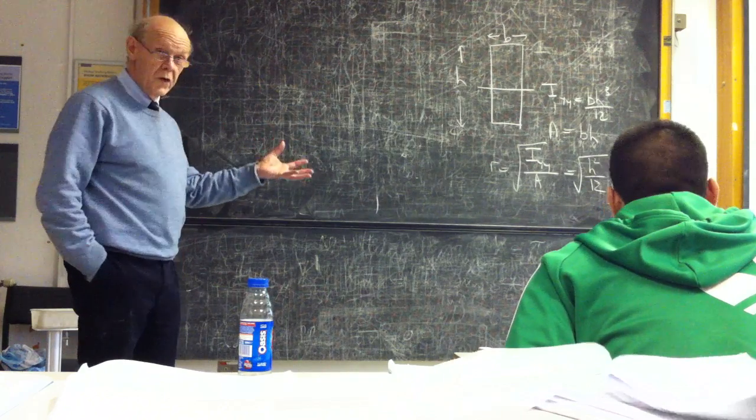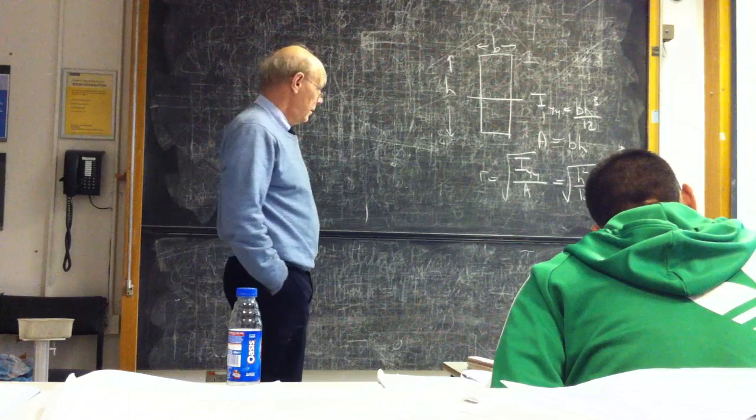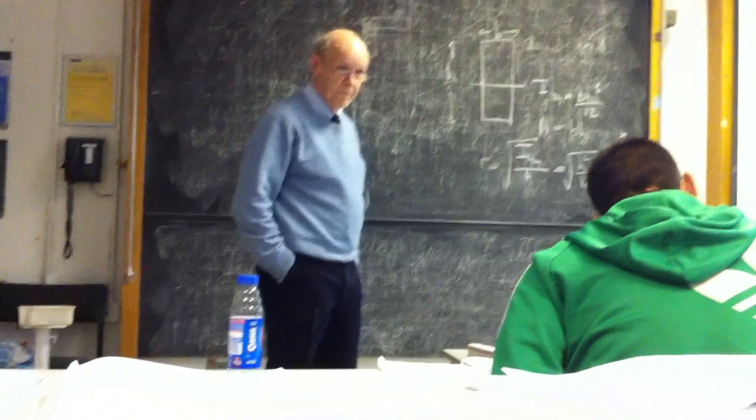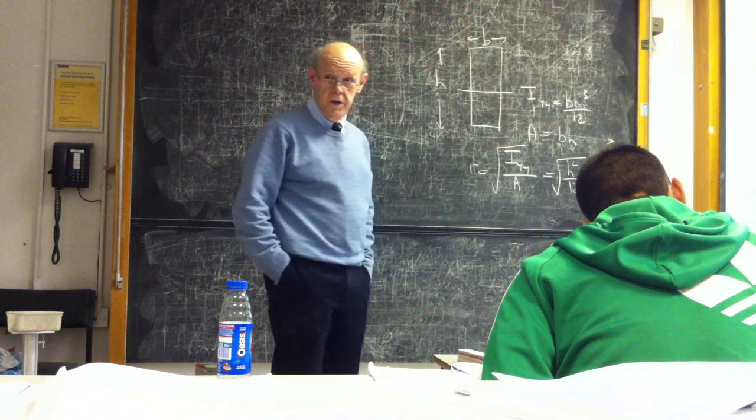And obviously, if you're doing it the other axis, you're talking about B instead of H. So that's where the 250 over root 12 comes from, in the notes.